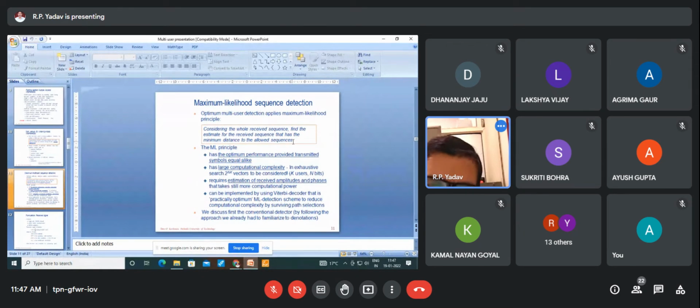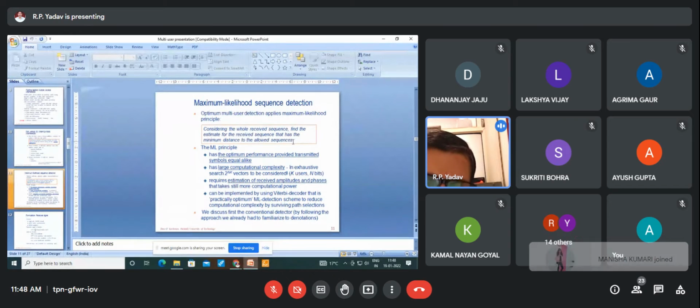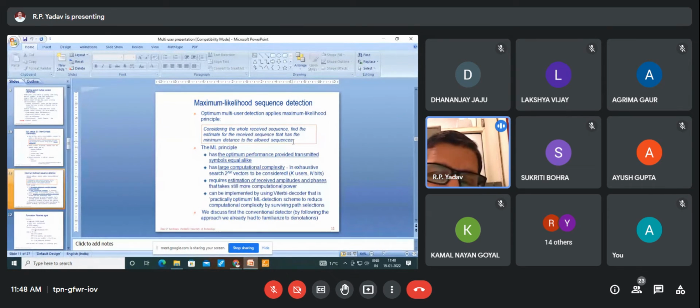Whatever sequence you have received, you estimate the received sequence based on the fact that it has the maximum distance to the allowed sequences. The ML principle has optimum performance provided the transmitted symbols are equally likely.